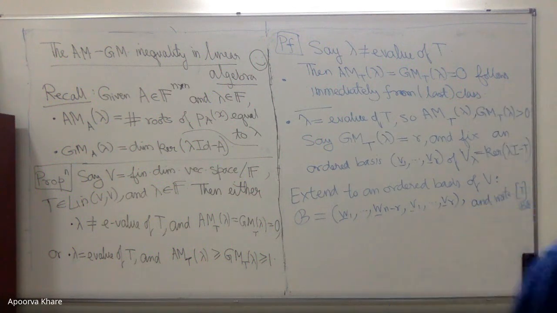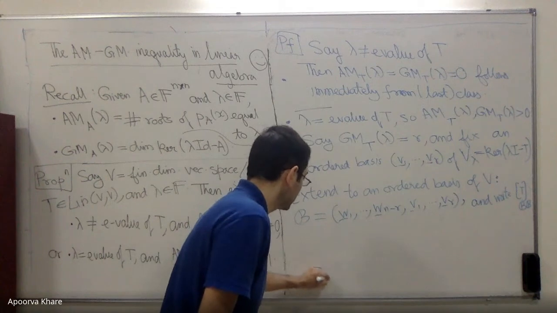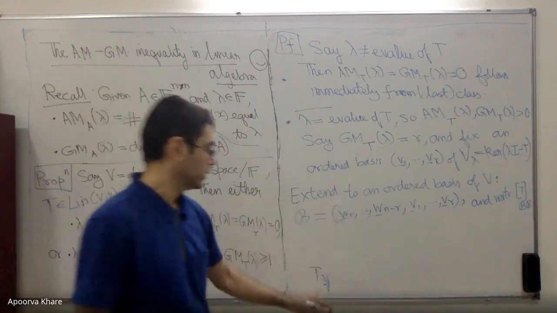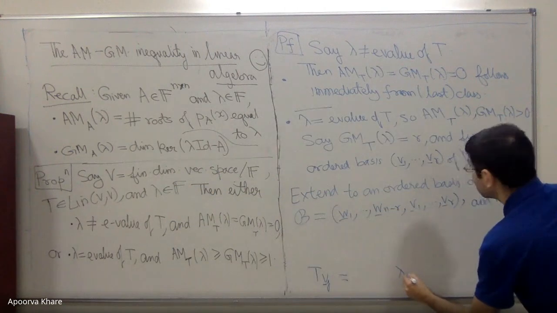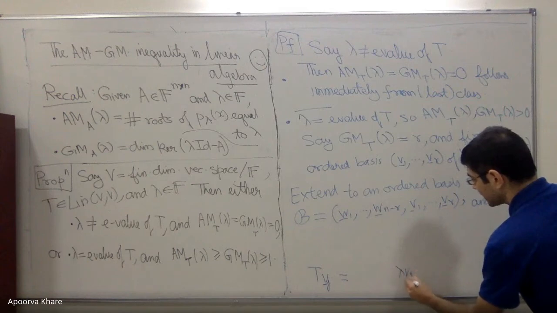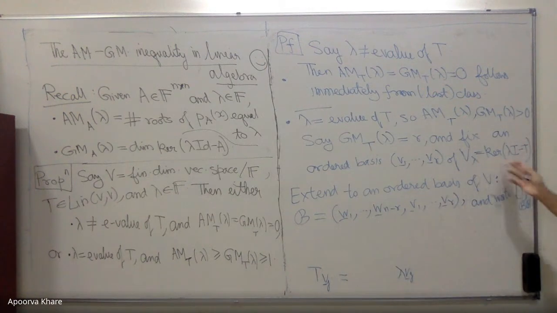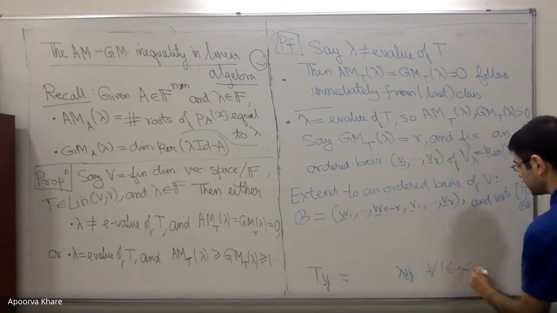So this is W and then V. First of all, if you look at T Vj, then this is literally lambda Vj. Lambda is the fixed eigenvalue and the Vj's are the eigenbasis, or basis of this space, for all 1 less than or equal to j less than or equal to R.